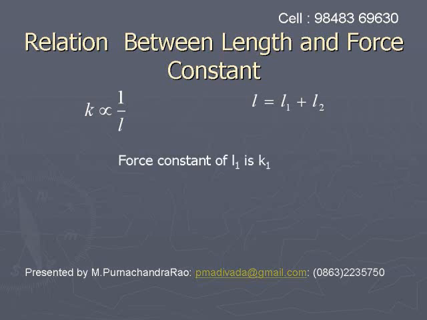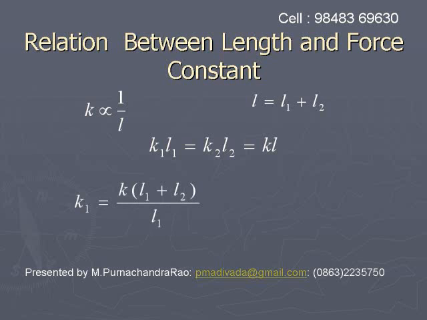Since K is proportional to 1 by L, KL is constant. Hence, if K1 is the force constant of length L1 and K2 is the force constant of length L2, then K1 L1 is equal to K2 L2 is equal to KL.